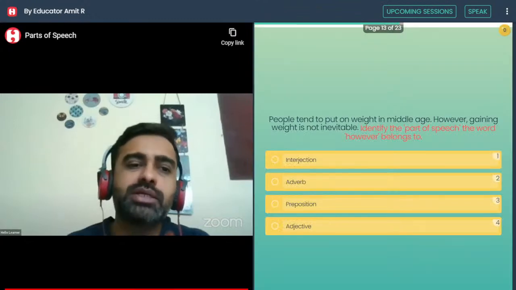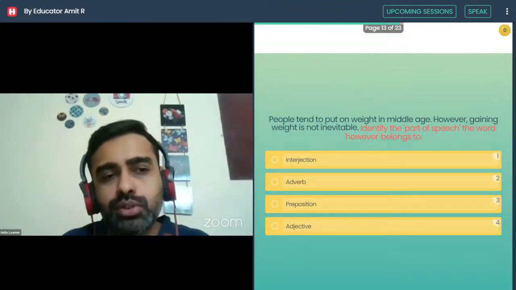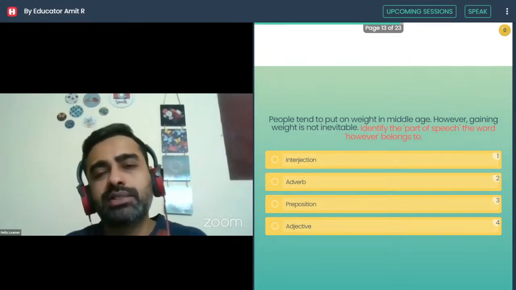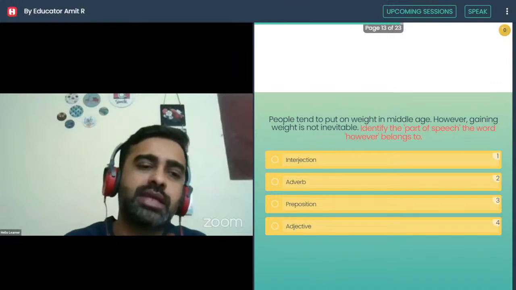Inevitable basically means here that it is not something that cannot be avoided. So that's why there are two sentences given. One is given and the other one is used to introduce a contrast. So that's why it's an adverb here.